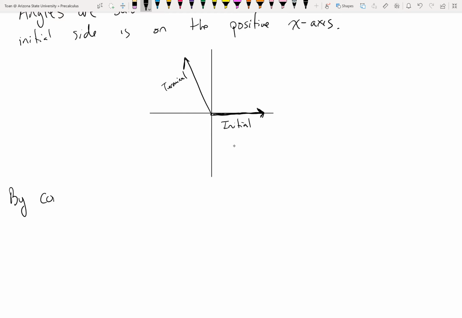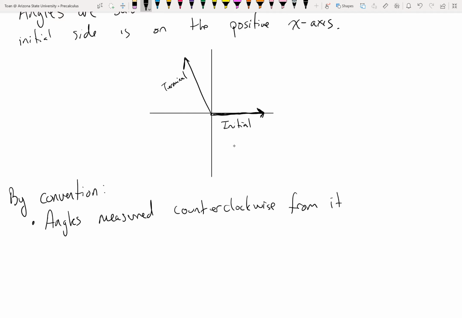So by convention, this means by agreement, angles measured counterclockwise from the initial side is said to be positive.